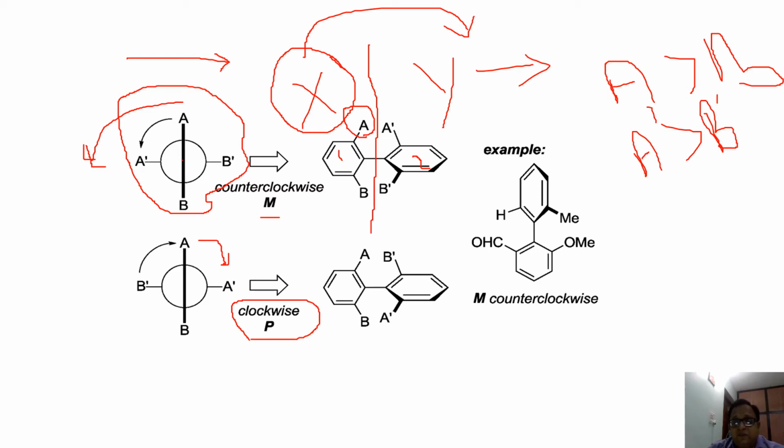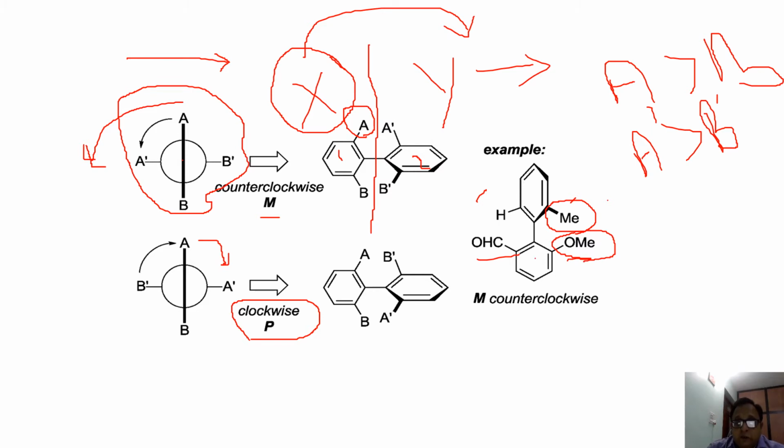This has been shown by an example with H, methyl, CHO and O methyl. In this case, the priority goes to the methyl, and in this case the priority goes to the O methyl.